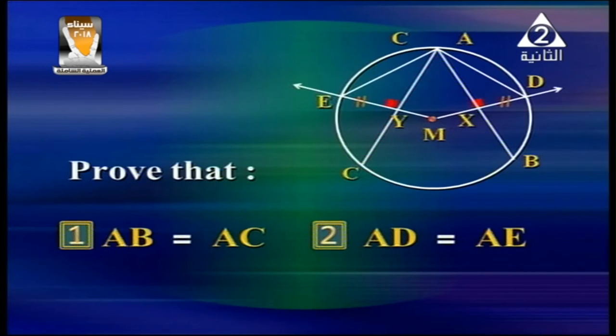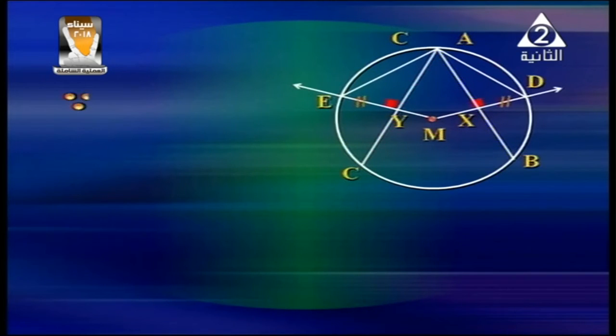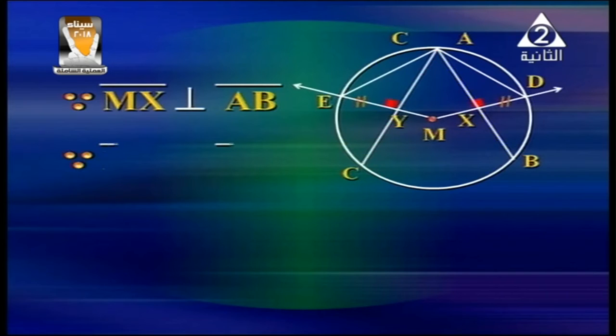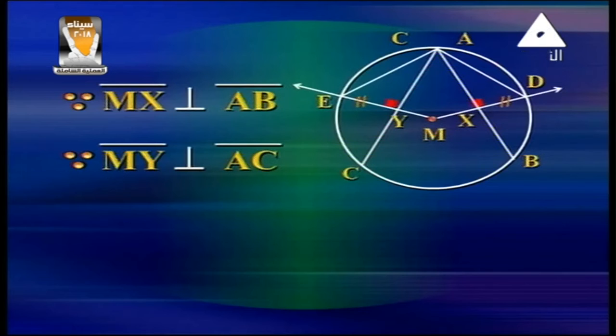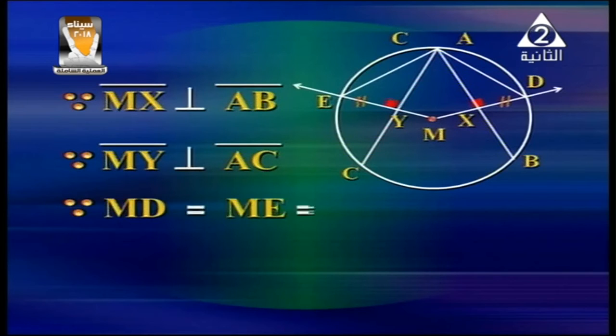At the very beginning, when you look carefully at the problem, you are going to notice that MX is perpendicular on AB and NY is perpendicular on AC. MD equals ME equals radius and XD equals EY.